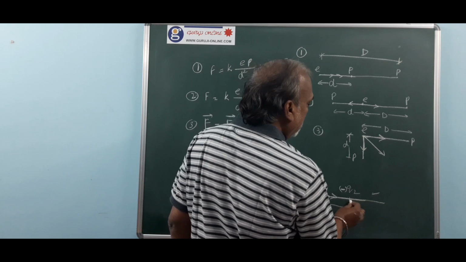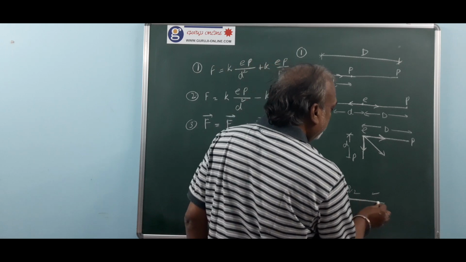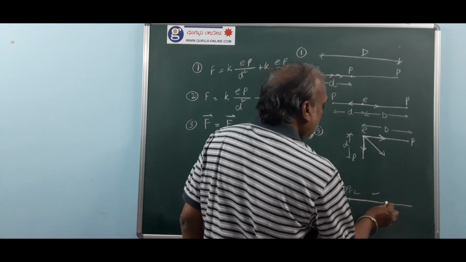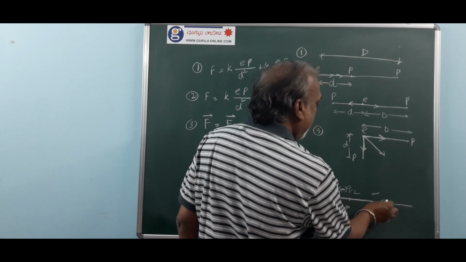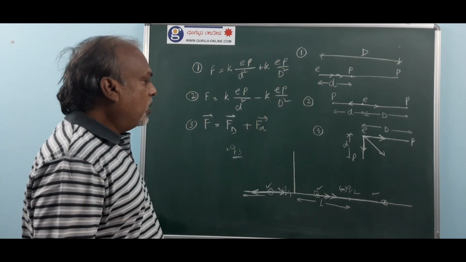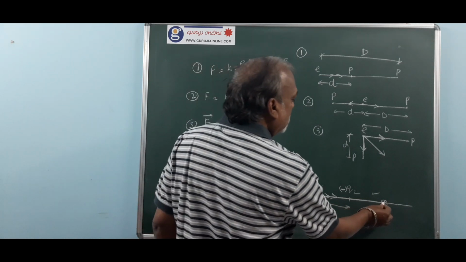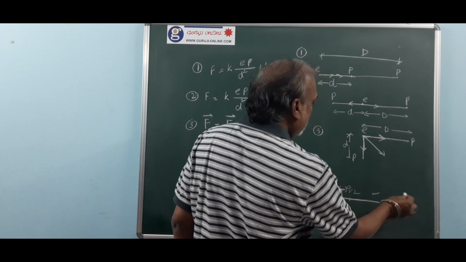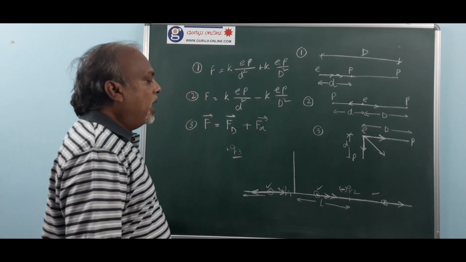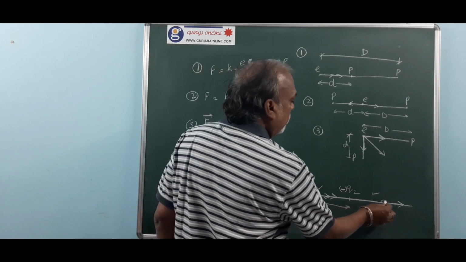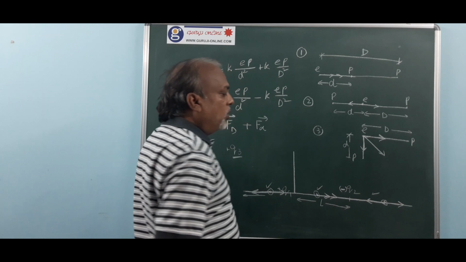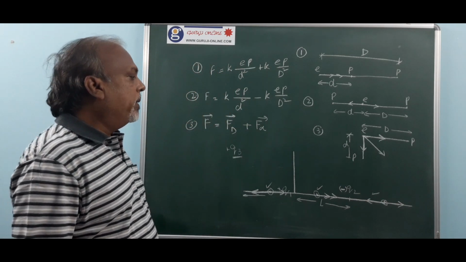Now let us see the third region. In this region, suppose you put the charge. Since Q1 is positive and this is positive, naturally it will have a force like this due to Q1, and a force like this due to minus Q2.